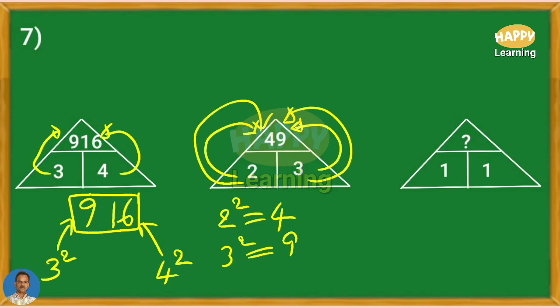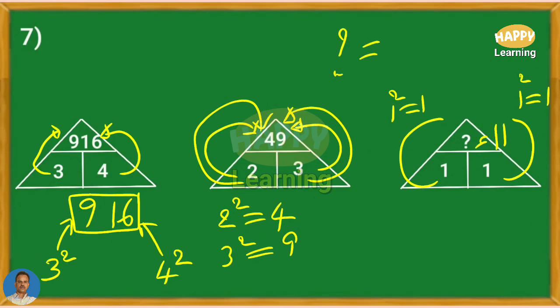Similarly, 1 square is equal to 1 and 1 square equal to 1. So this question mark should be equal to 11. So question mark value equal to 11. So this is the answer. Okay, right.